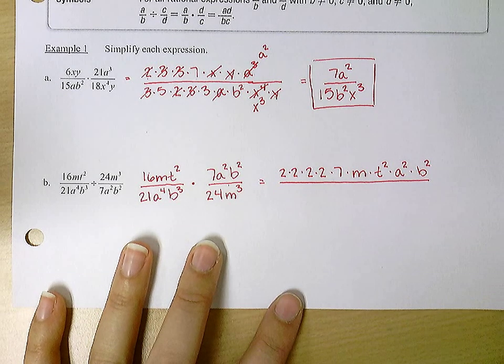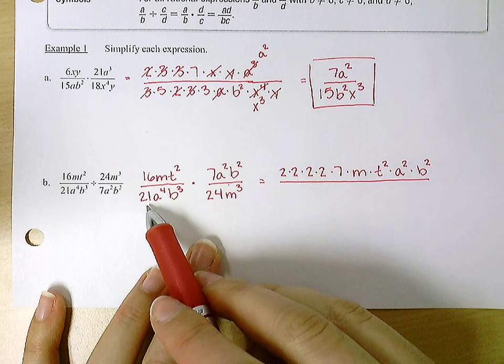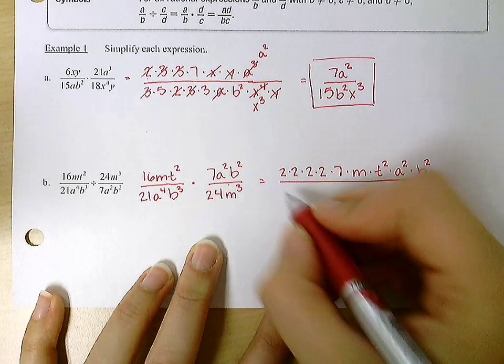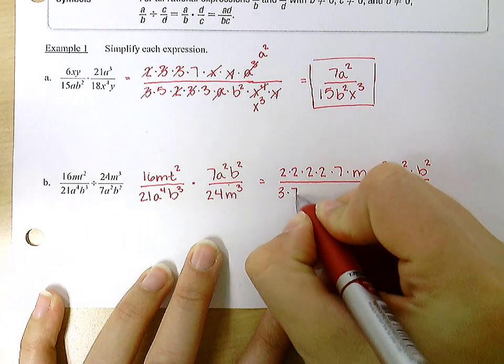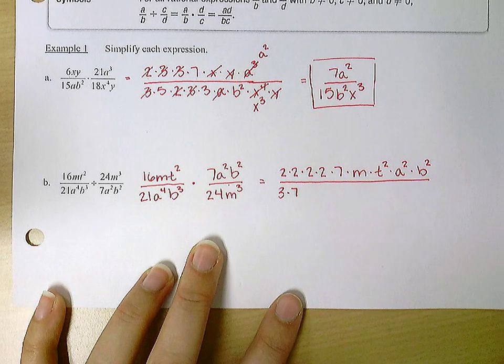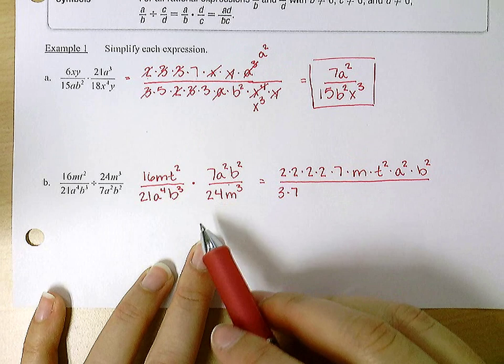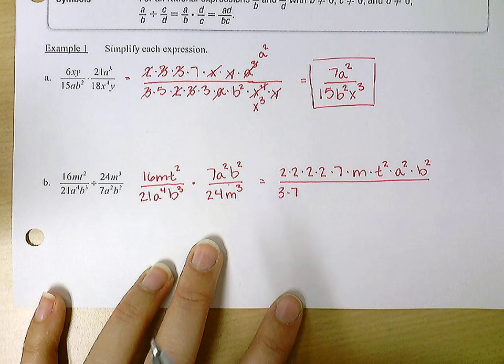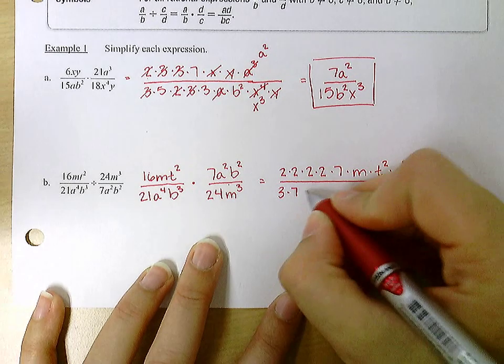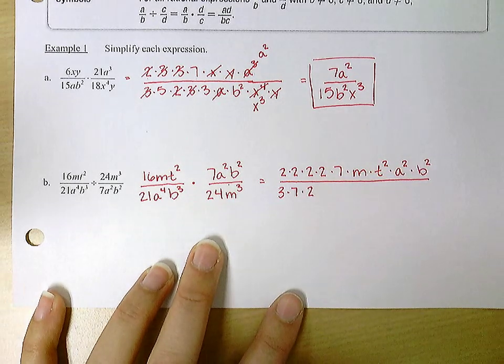Okay, we'll do the same thing in the denominator. So factor 21. That's 3 times 7. Okay, factoring 24, we can say 12 times 2. So I would have 2, right?